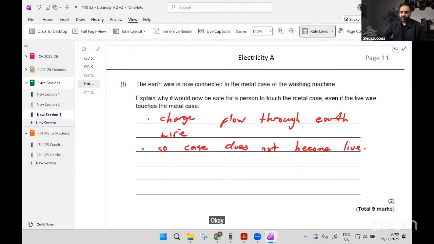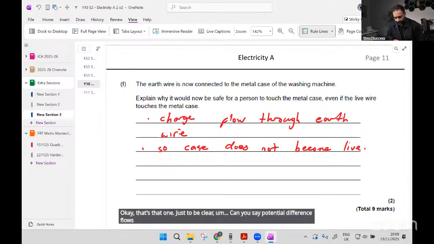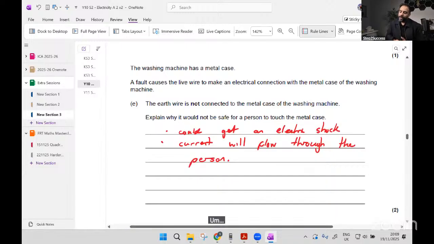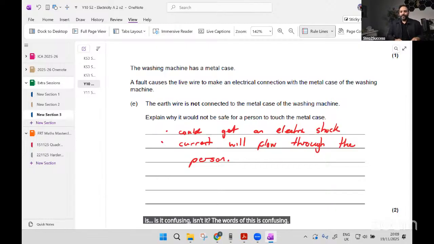Okay, that's that done. Just to be clear, can you say potential difference flows through the person? No, because potential difference is confusing. The potential difference is technically the force that is causing the charge to flow.